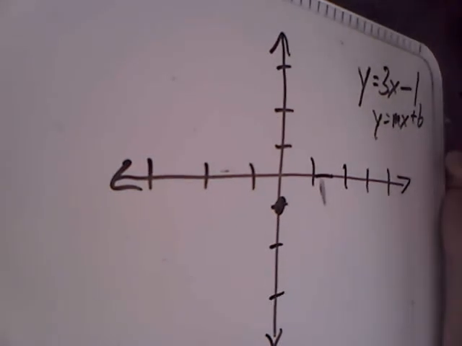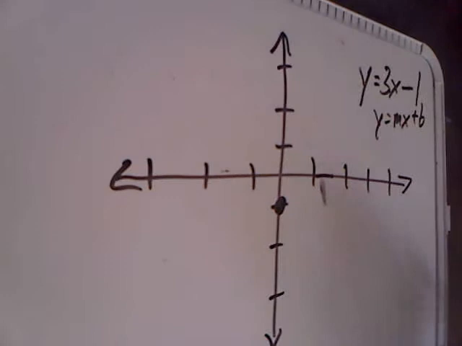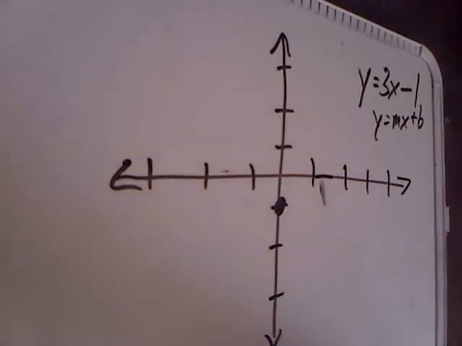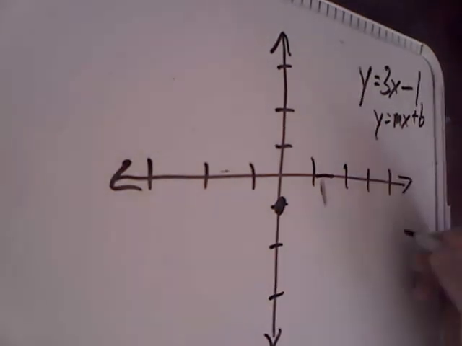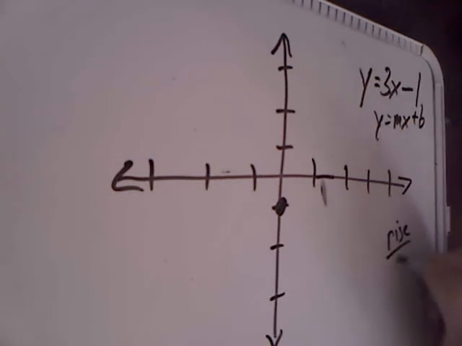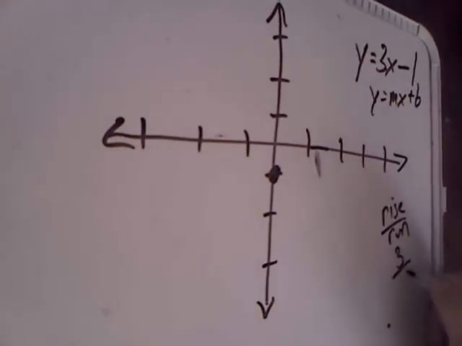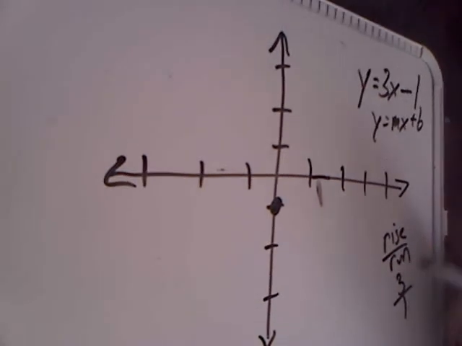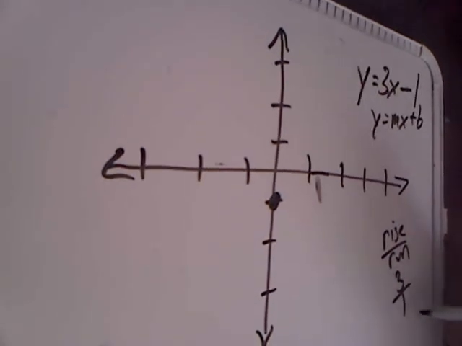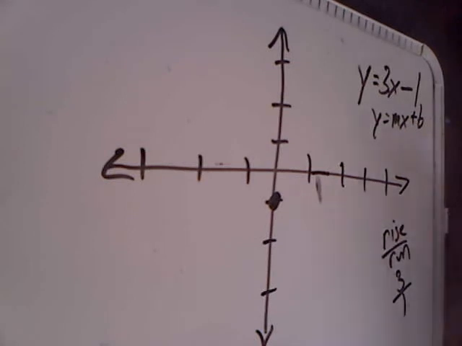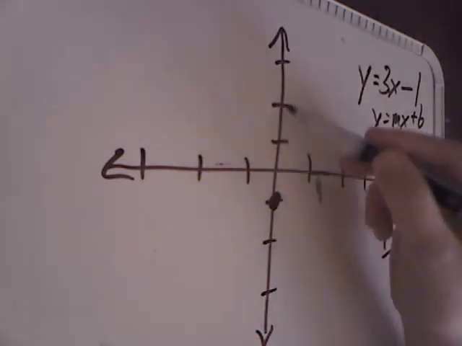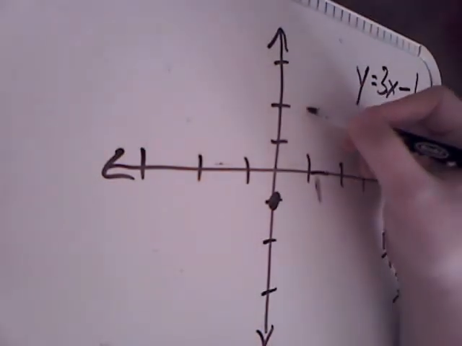Now I just have a slope of 3. And when you try to make a whole number into a fraction, because we need a fraction to get rise over run, you just put it over 1. So it's going to be jump 3, run 1. So we're going to jump 3, 1, 2, 3, and run 1.